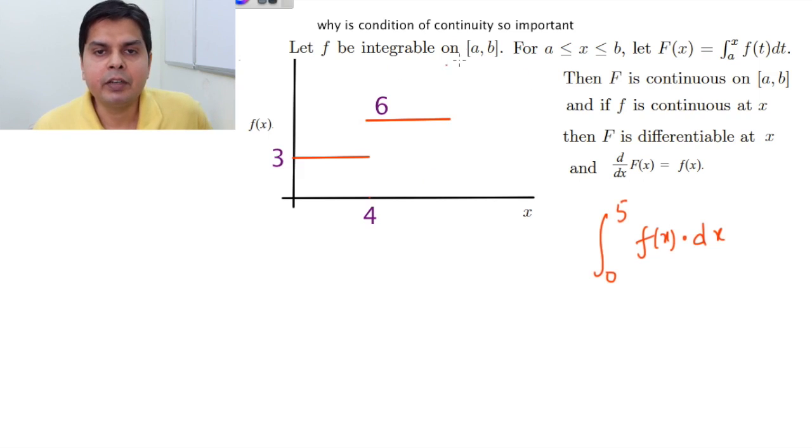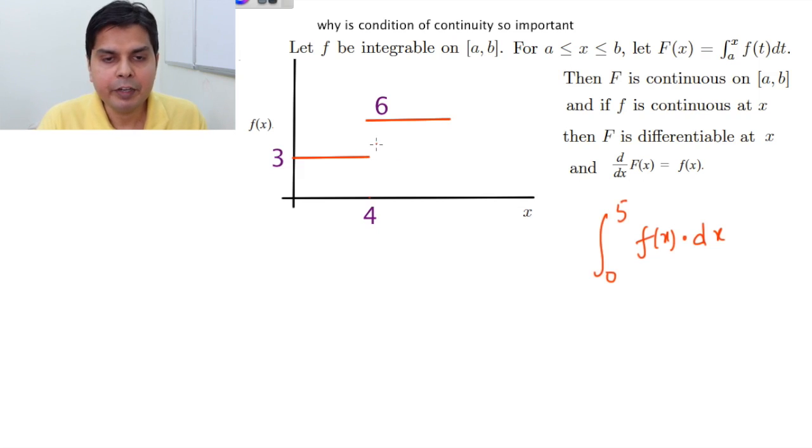So let f be integrable on a to b, and if f is continuous at x, then F is differentiable. Okay, so let me give you the condition of integrability also. This function I can integrate. So although this function has discontinuity, I can integrate it, and the only condition is that the number of points where this function f(x) is discontinuous should be finite.